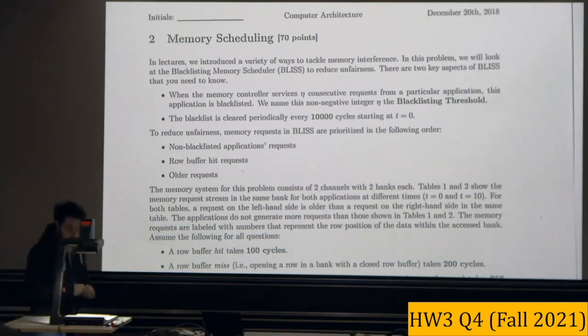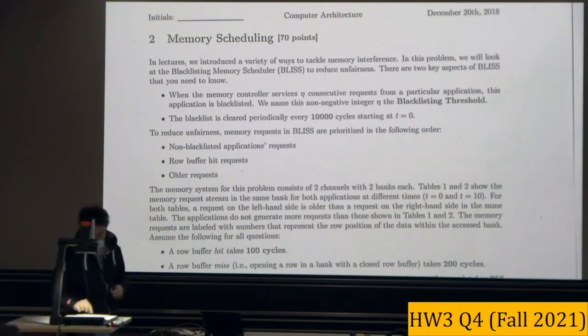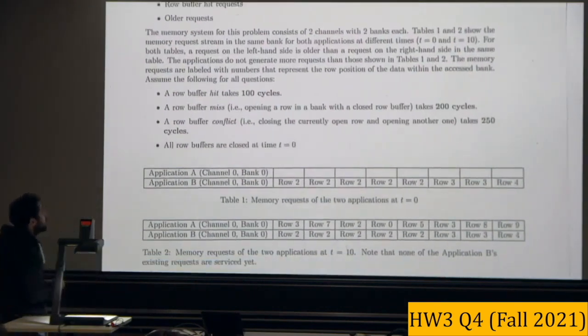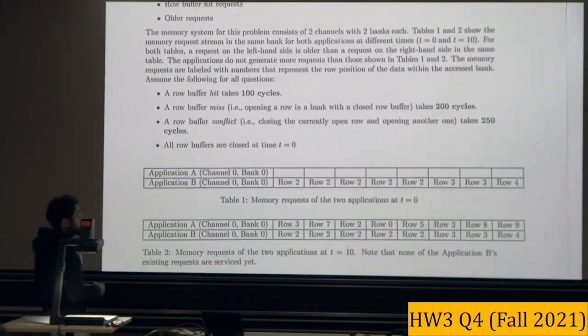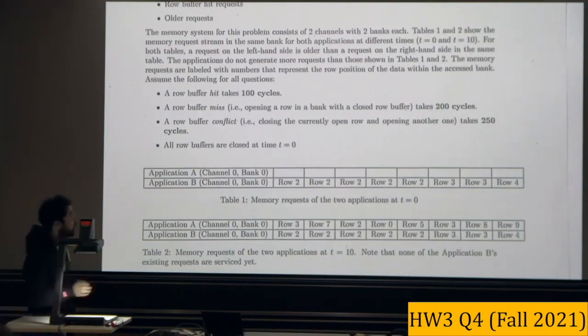In this problem, we have a memory system that has 2 channels with 2 banks each, and tables 1 and 2 show the memory request stream for two different applications at times t equals 0 and t equals 10. In both tables, as we go to the right, the requests are younger.